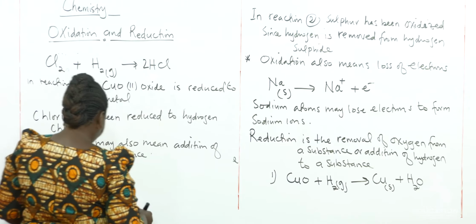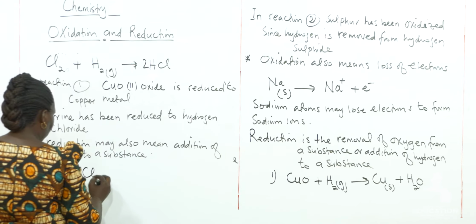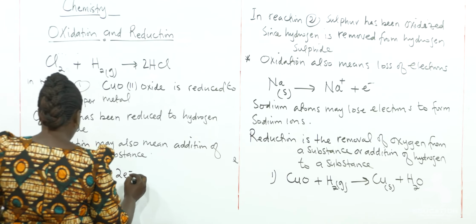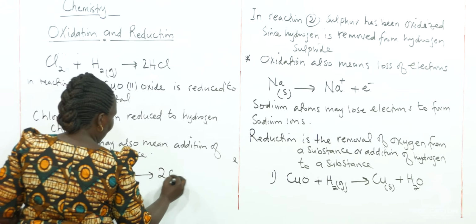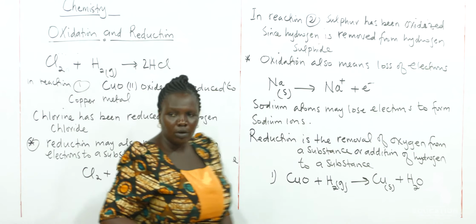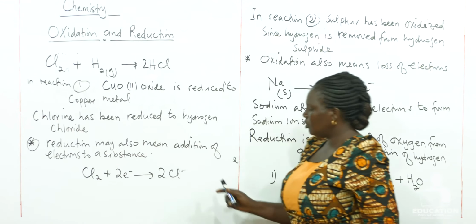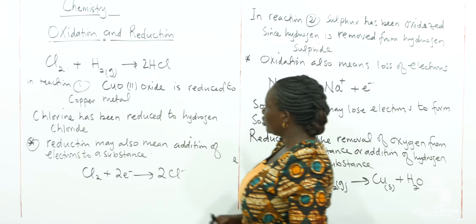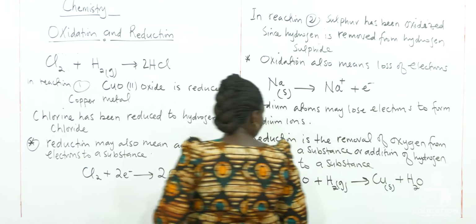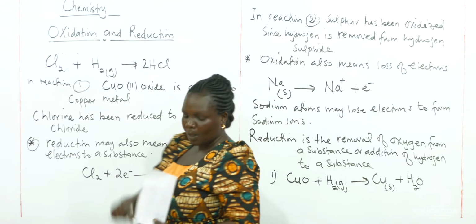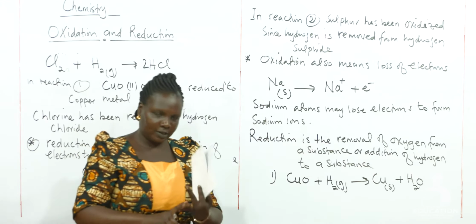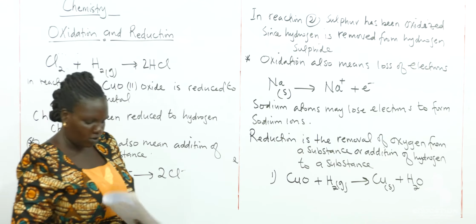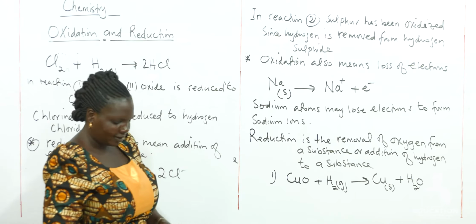So we have chlorine molecule can gain 2 electrons to give us chloride ions. So reduction is removal of oxygen from a substance, addition of hydrogen to a substance, and gaining of electrons by a substance.